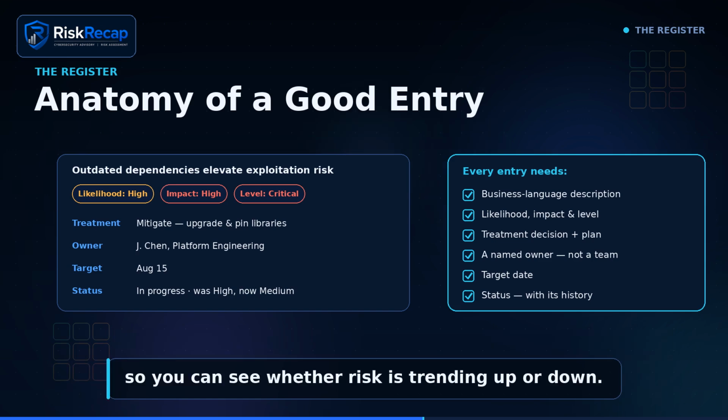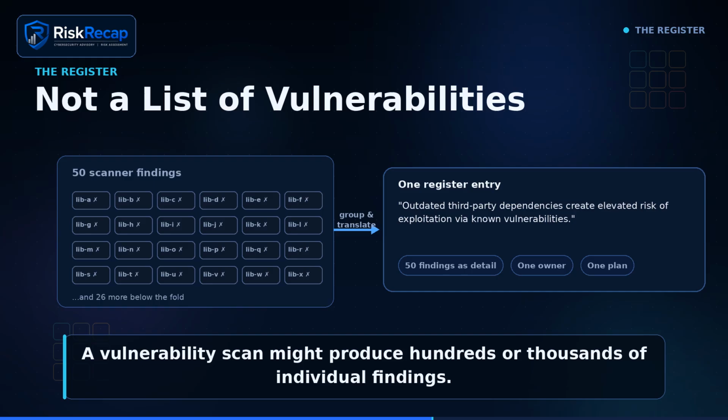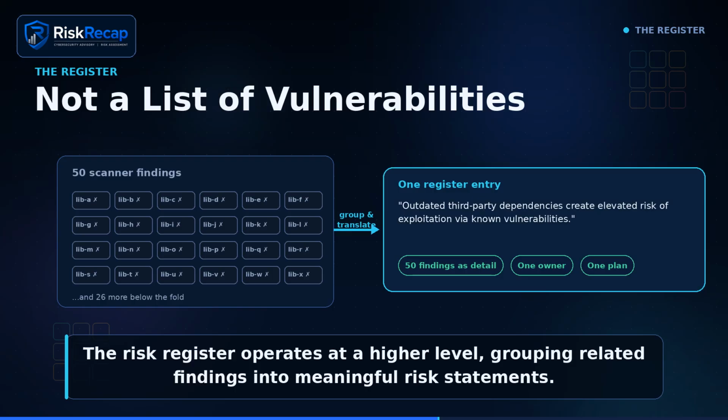One thing worth emphasizing, a risk register is not a list of vulnerabilities. A vulnerability scan might produce hundreds or thousands of individual findings. The risk register operates at a higher level, grouping related findings into meaningful risk statements.